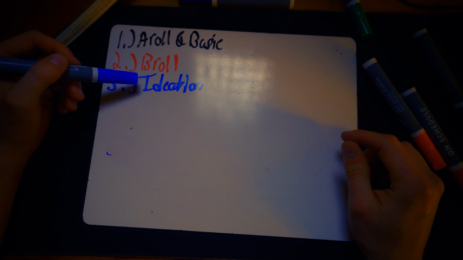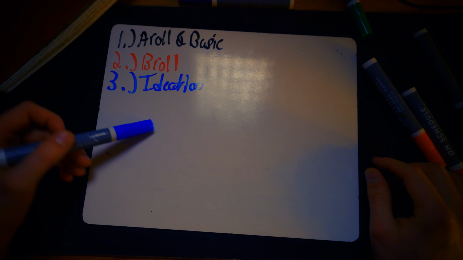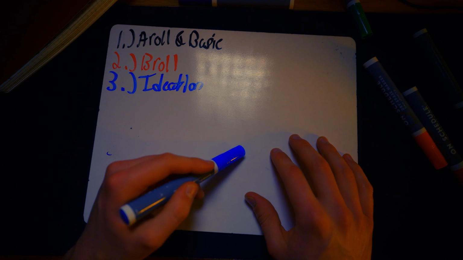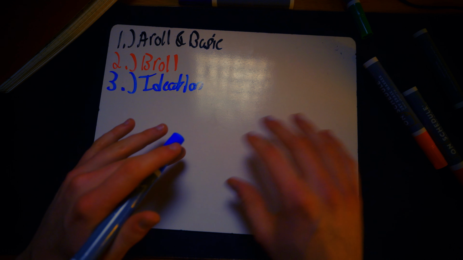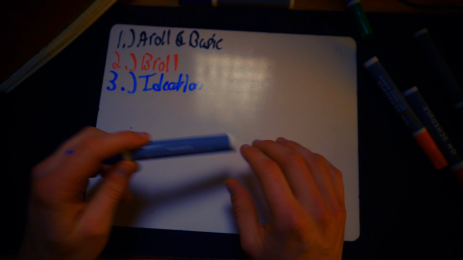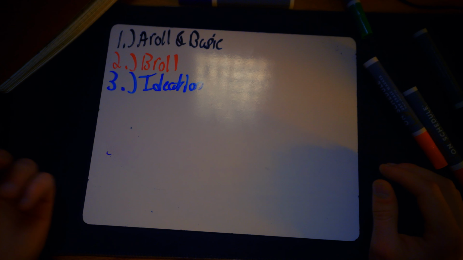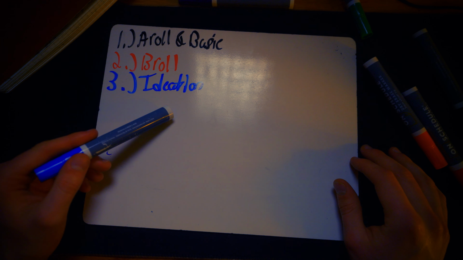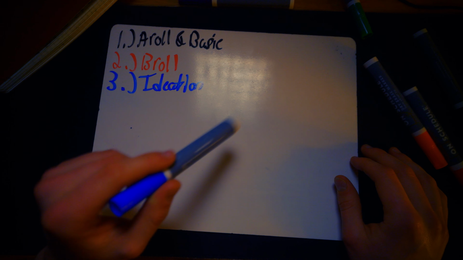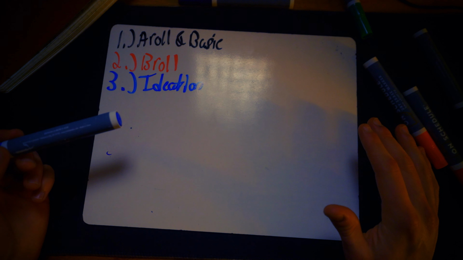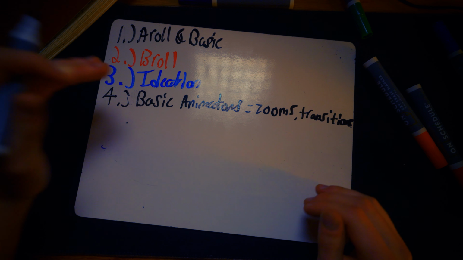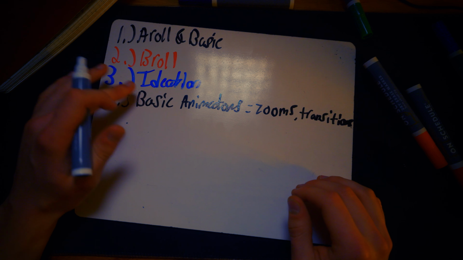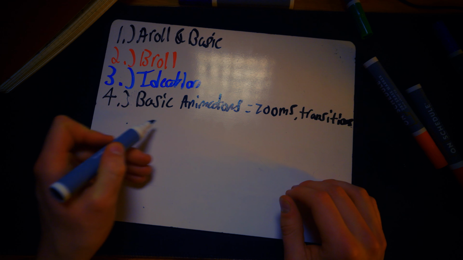Then I go into the ideation. So I basically figure out where I want my zooms, my transitions, and what kind of animations I'm going to put wherever in the sequence. Then I go into my next phase, which is basic animations.